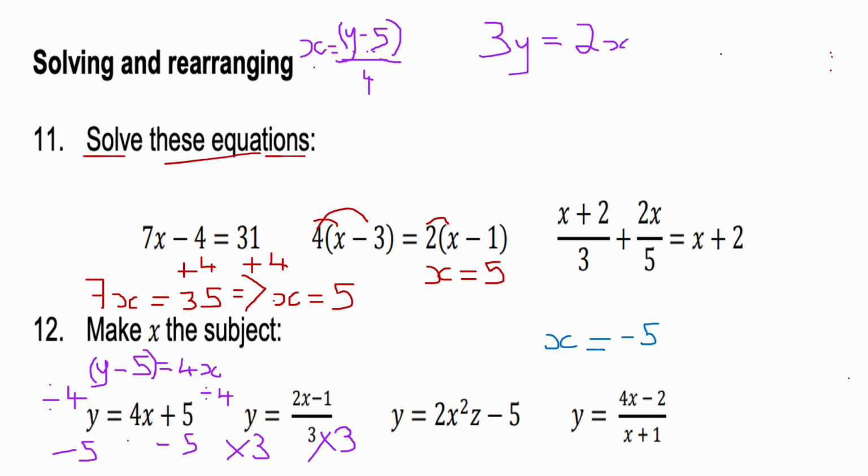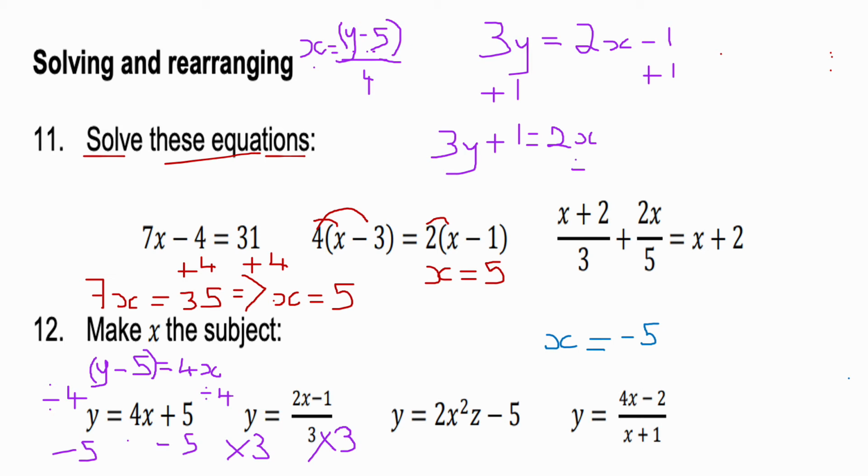If I add 1 to both sides to balance the formula or the equation respectively, I get 3y plus 1 is equal to 2x. Dividing both sides by 2 gets me x on its own.